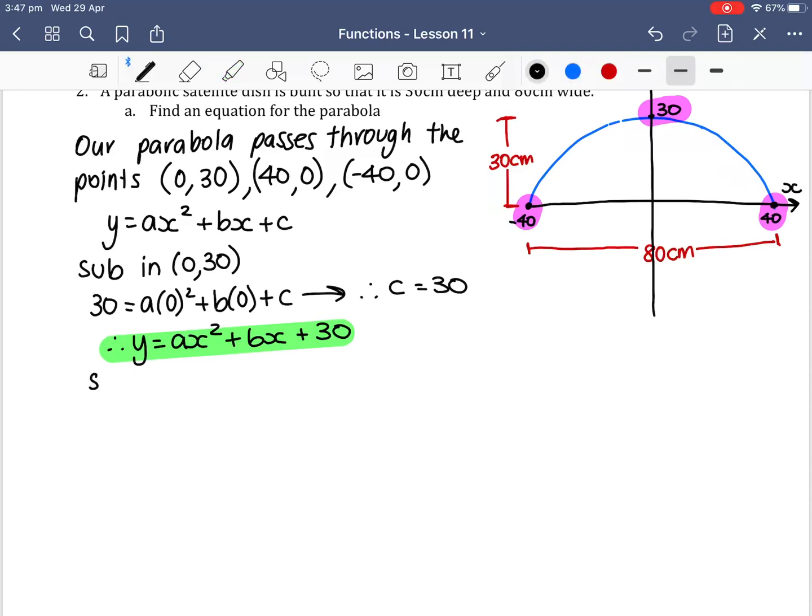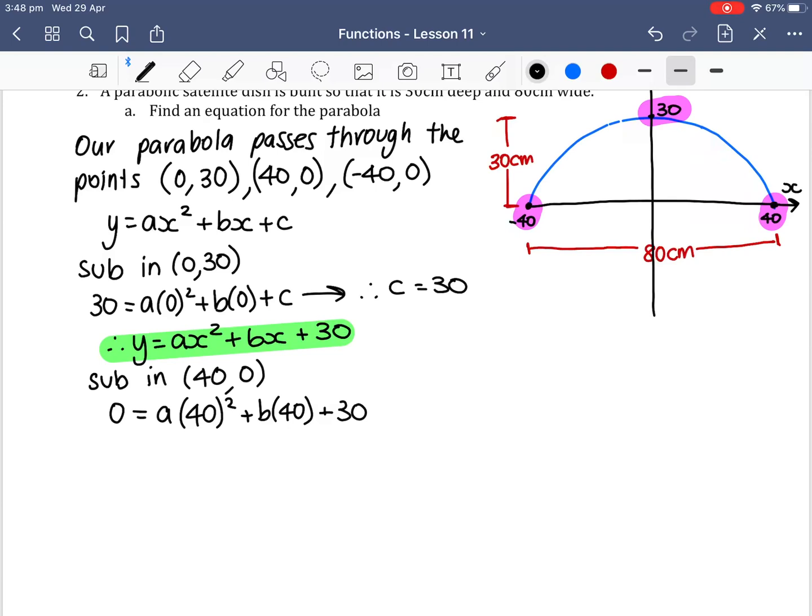So let's sub in our point 40, 0. So we have 0 equals a times 40 squared plus b times 40 plus our c of 30.